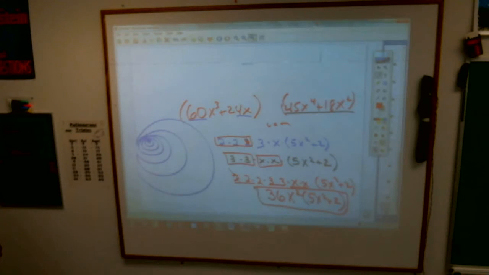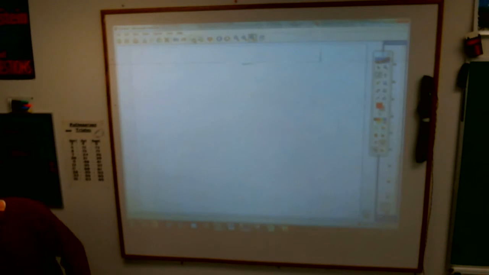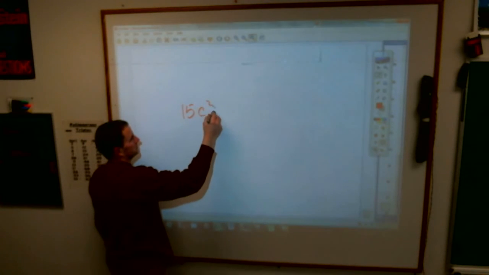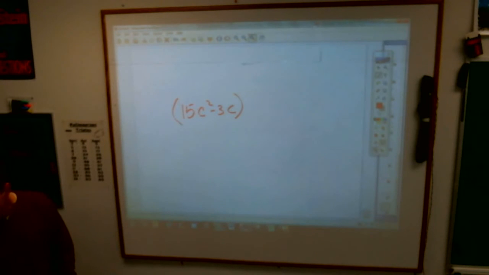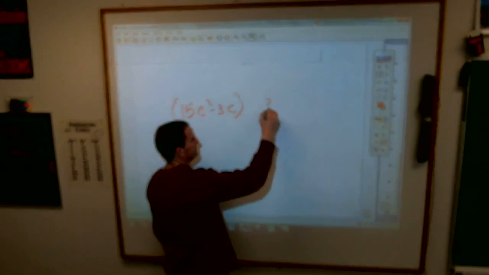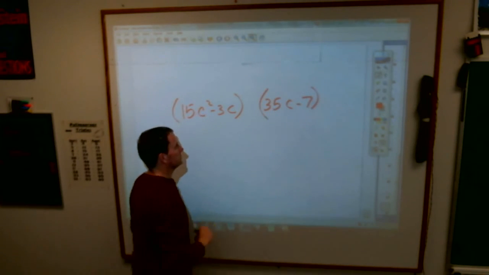Now that we got that one under our belt, I'll give you another one that's very similar to it. Try this one on for size. How about 15c squared minus 3c in parentheses and 35c minus 7 in parentheses.